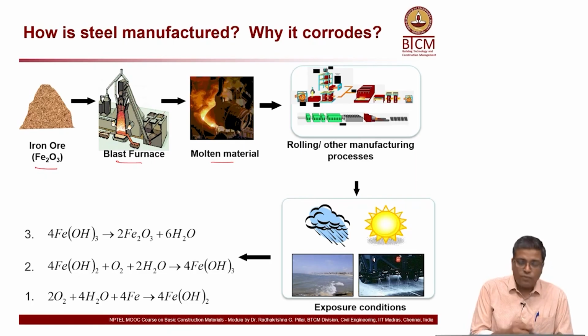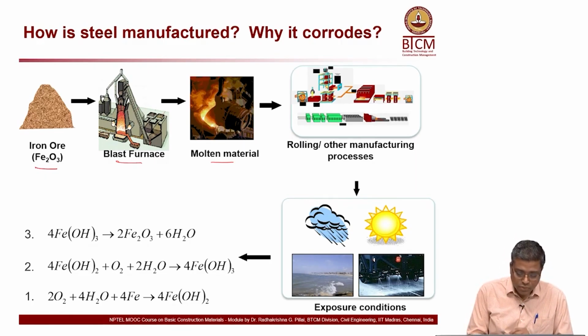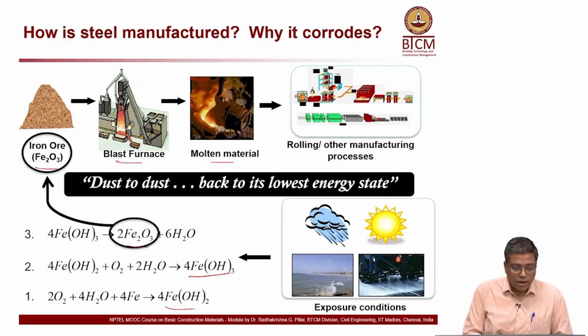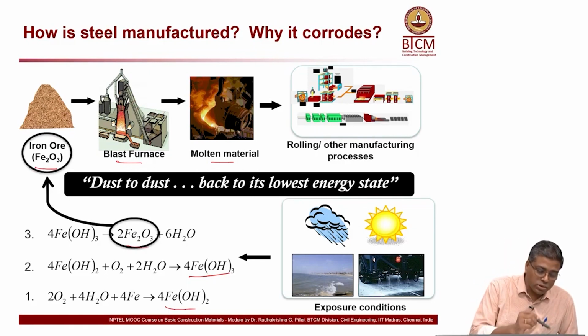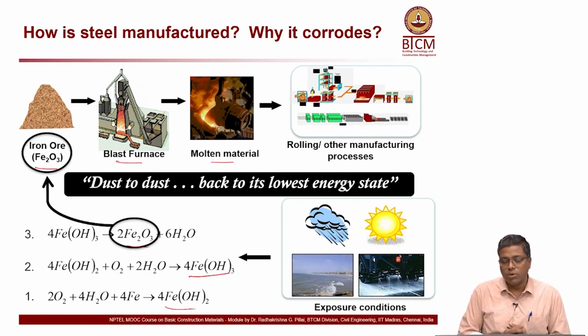So, if you look carefully at these equations here, these are the corrosion reactions. You will see that you have ferrous hydroxides and Fe2O3 forming, and that Fe2O3 is essentially the iron ore. The chemical or mineral structure is similar to that of the iron ore.